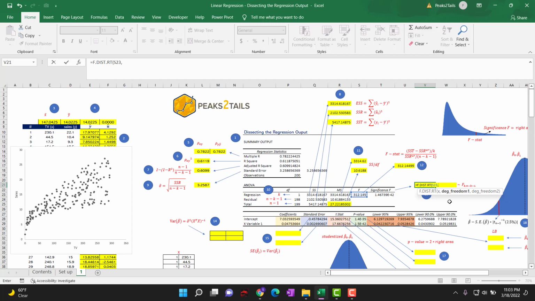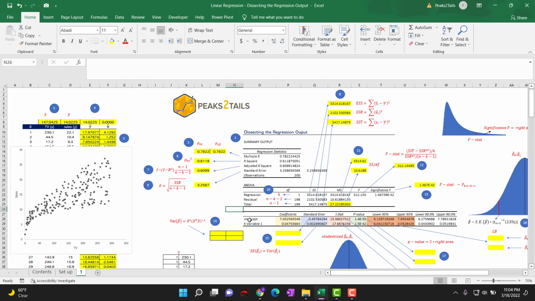The degree of freedom of the numerator is k, which in our case is just 1, comma, degree of freedom of the denominator is n minus k minus 1, which in our case is 198. Enter. So this is the p-value or the significance of the F statistic, which matches the result. And this is highly significant. That means our regressor is significant.